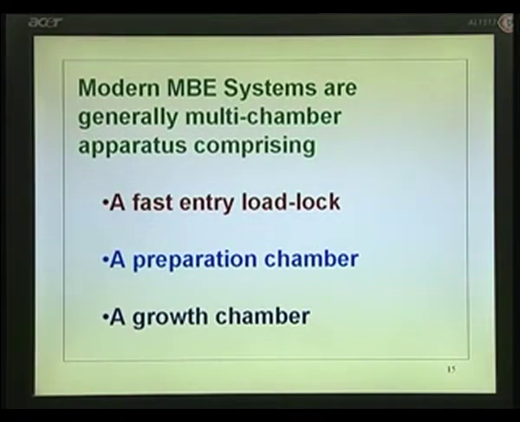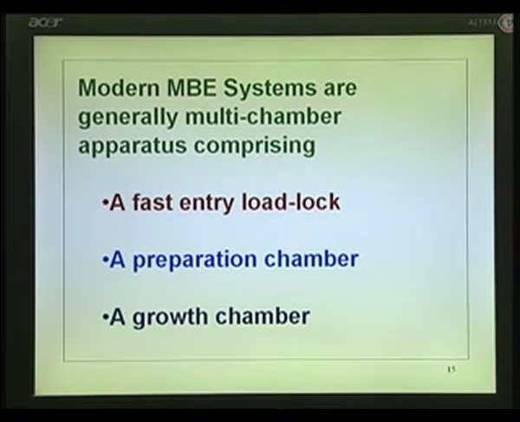Now, the modern MBE systems are, as I told you already, generally multi-chamber apparatus comprising the fast entry chamber, load lock system. Load lock means you load it then lock it, and a preparation chamber where you prepare the sample to get it ready for deposition by cleaning the surface either by plasma etching or by ion milling, and then the growth chamber.